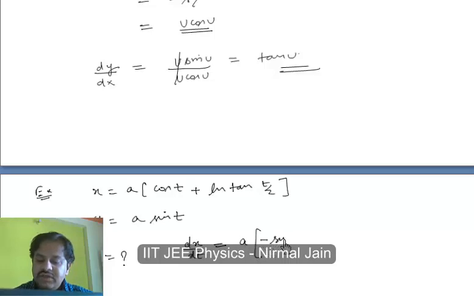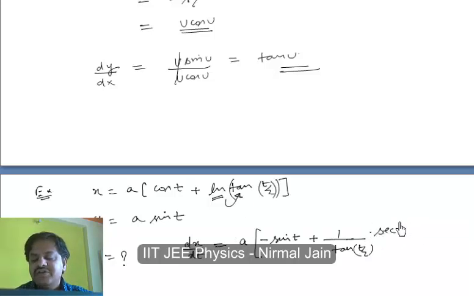Differentiation of cos t is minus sin t, plus ln of the bracket differentiates to 1 by the bracket, by the chain rule. After differentiating the ln, I come into the bracket: tan of theta differentiates to sec square theta, so sec square t/2, and tan(t/2) differentiates to 1/2.